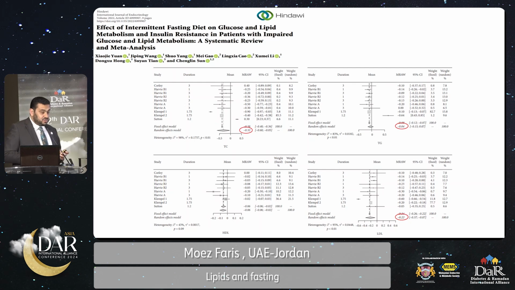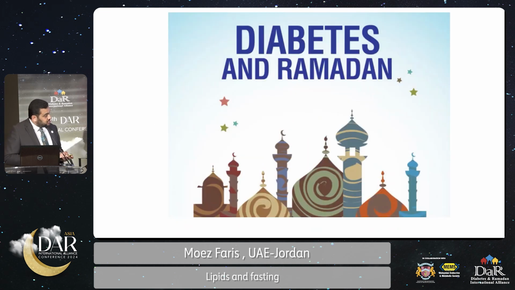Another meta-analysis showed that the observance of intermittent fasting regimens by metabolic syndrome patients and pre-diabetic patients resulted in a significant reduction in total cholesterol, triglycerides, and LDL without a significant change in the HDL.